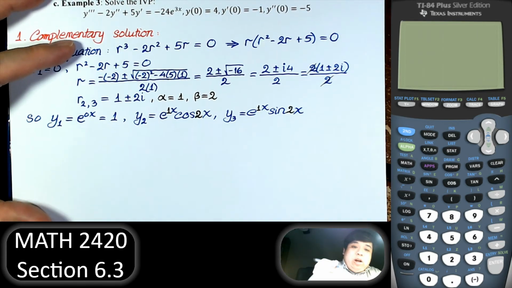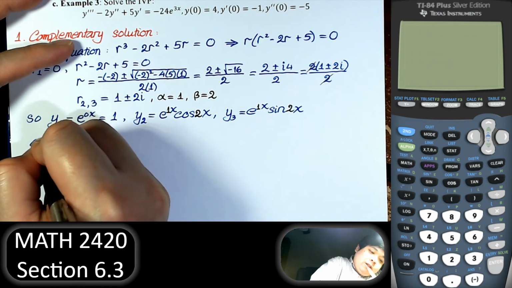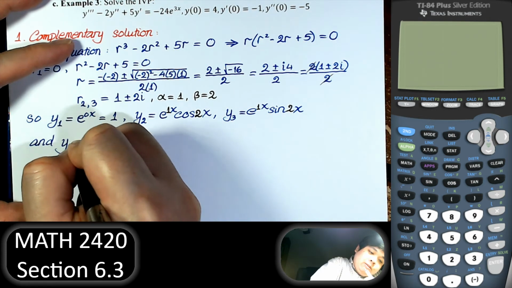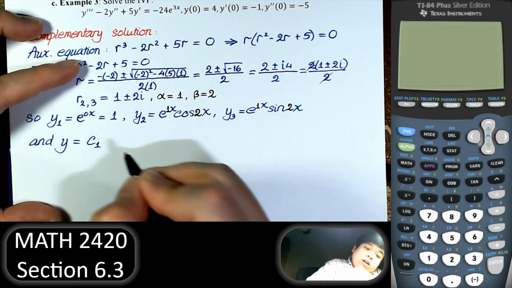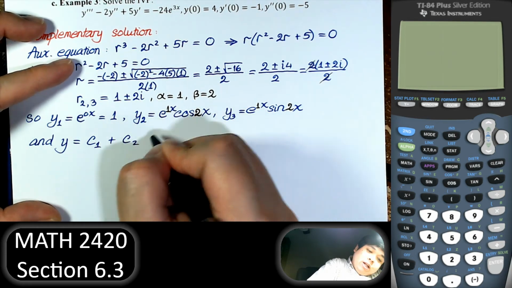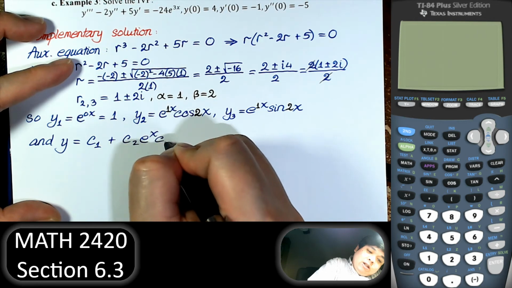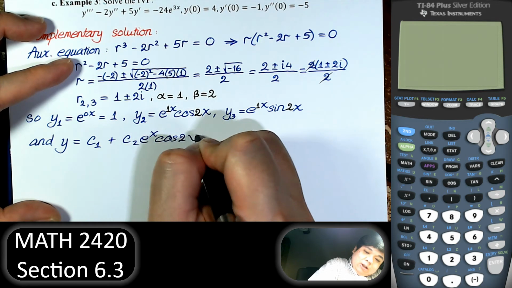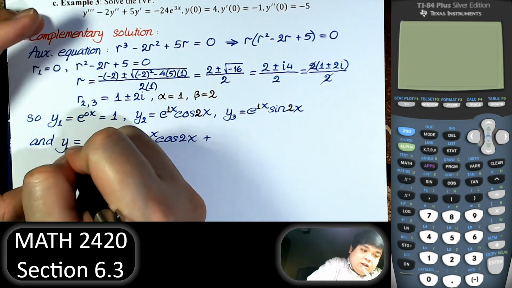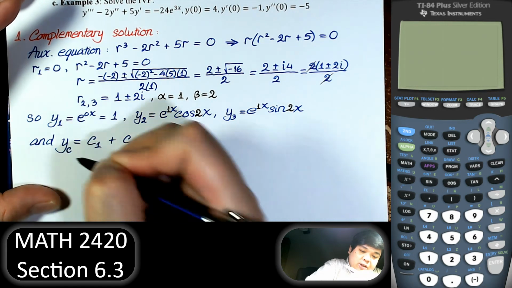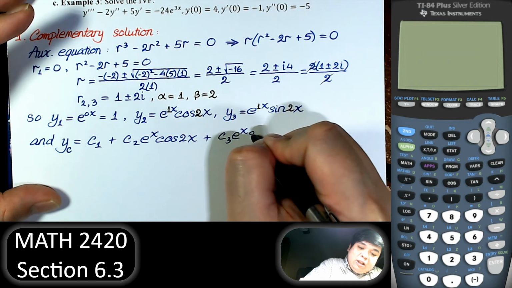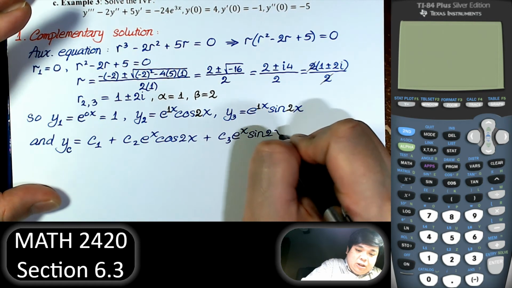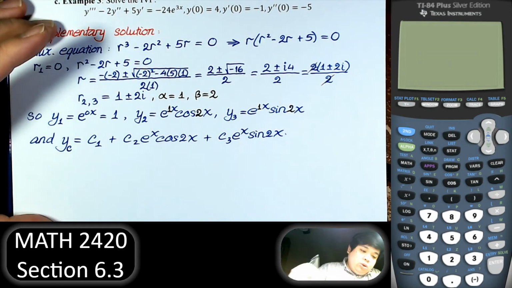So when we put them together, we have c1 times 1 plus c2 times e to the x cosine 2x. This is the complementary solution. And c3 e to the x sine of 2x. Right, complementary solution.